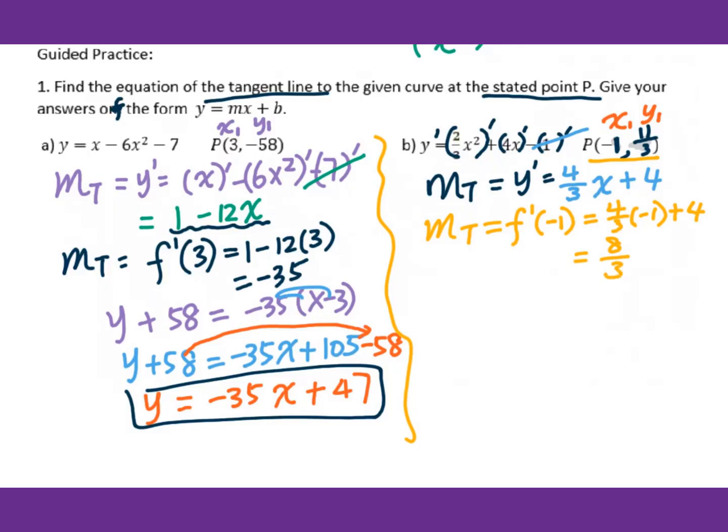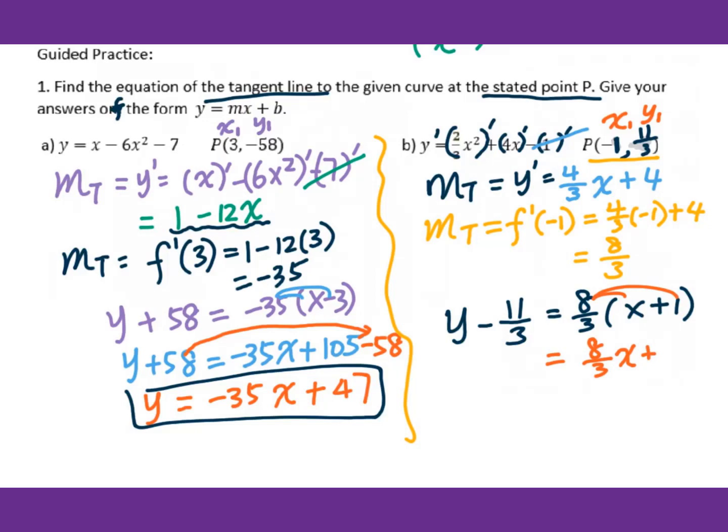So use the point slope linear function. We will get y minus 11 over 3 equals 8 over 3 times x plus 1. We do distributive property. You will get 8 over 3x plus 8 over 3.